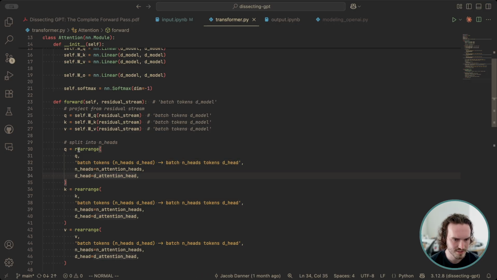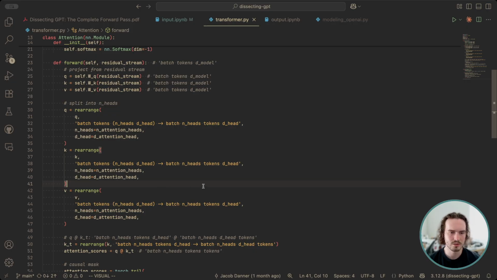And so this is just an einops syntax where we're essentially saying, okay, we have these 3 dimensions. I want to unpack these 2 things. And then I'm saying what my desired n_heads and d_head are. And so after this, our Q value is going to be this shape. And the same for keys and values.